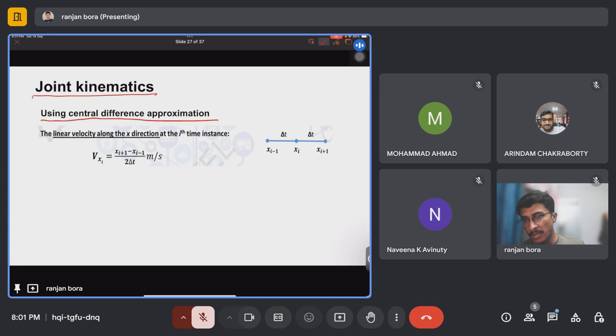Here I am showing the central difference approximation, and using this approximation, if we know the coordinate data at time instants i plus 1 and i minus 1, then we can find out the velocity at the time instant of xi. And if we know the time variation, using this equation we can find the linear velocity along the x direction, and this approximation is known as the central difference approximation.